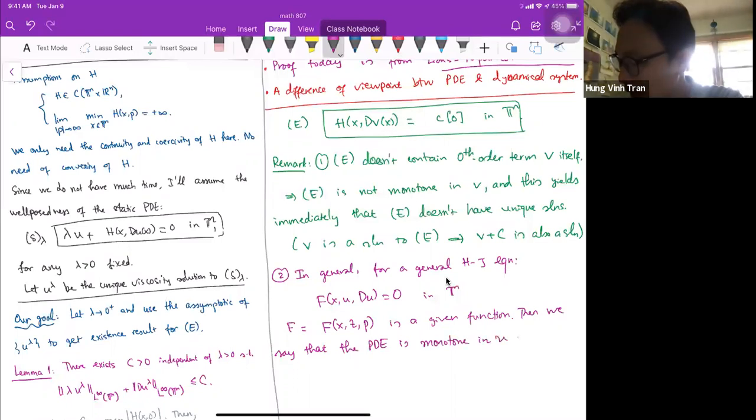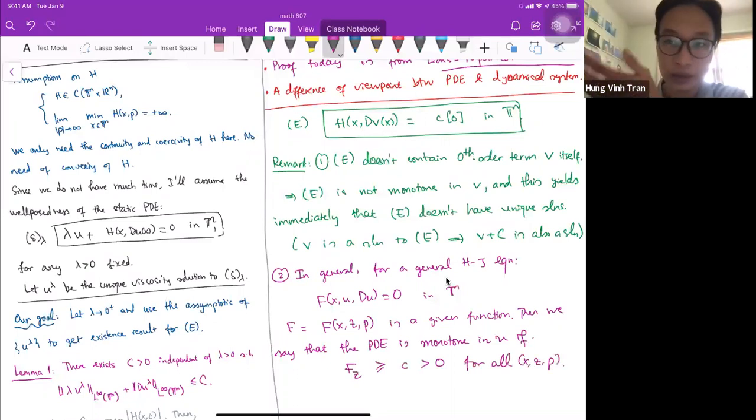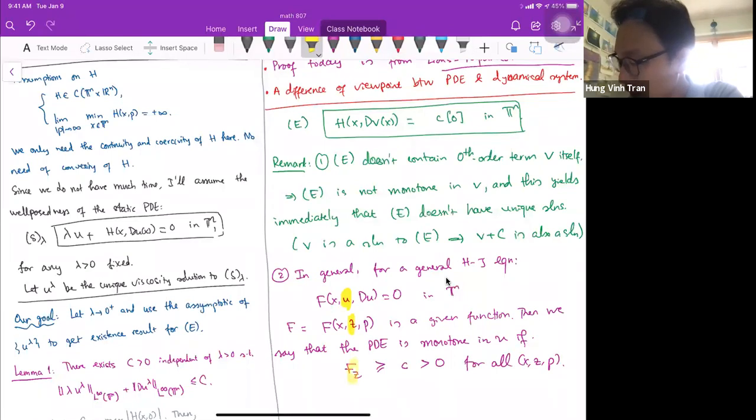if the partial derivative of f in z is greater than or equal to some positive constant c for all x, z, p. In other words, it has to contain something like lambda u for lambda positive.